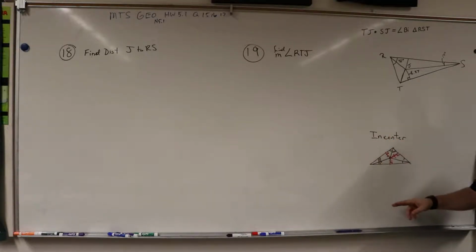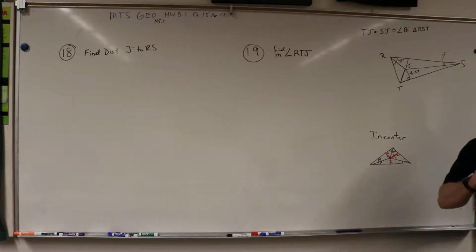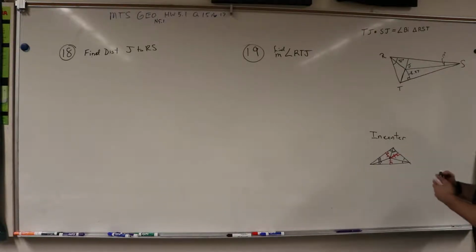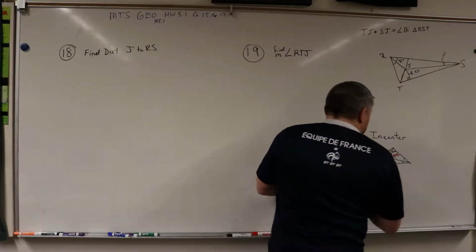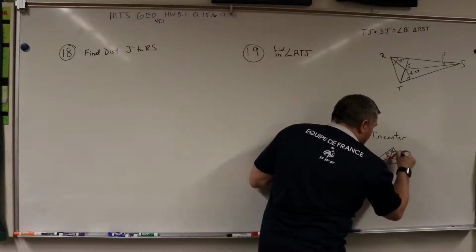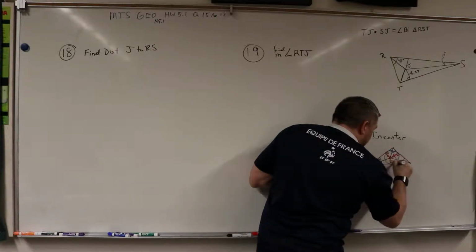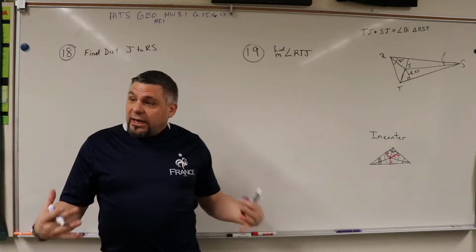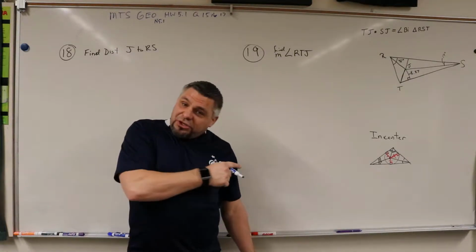When you take a triangle, what you're really trying to do here is make a circle in the center of the triangle. So right here, you're creating this circle inside the triangle. That's why it's called in-center. The center is in the triangle.